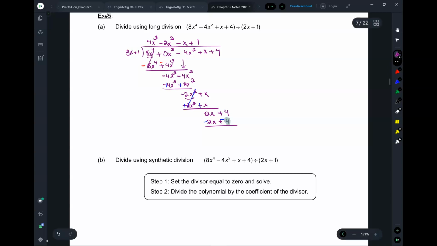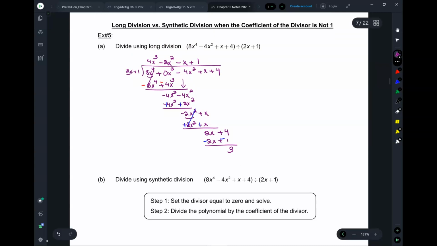Oh, sorry, this was a 1. Remainder of 3. Okay, so now the answer is going to be the quotient, which is here, right? So 4x cubed minus 2x squared minus x plus 1 plus 3 over 2x plus 1.